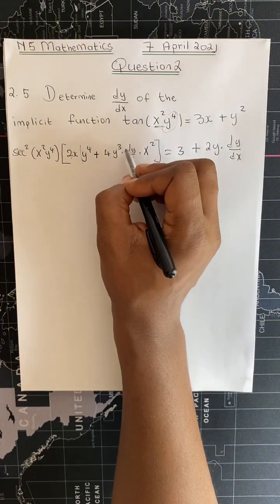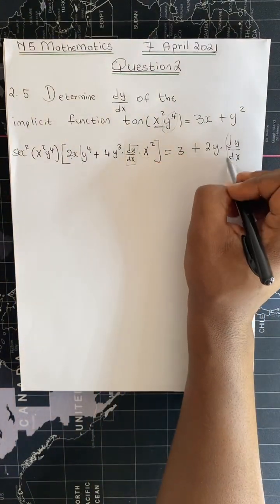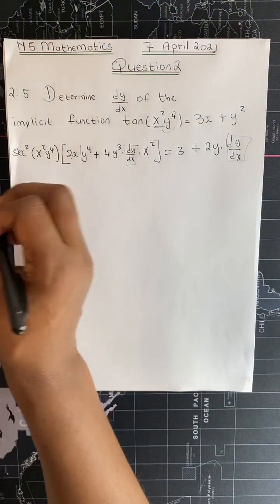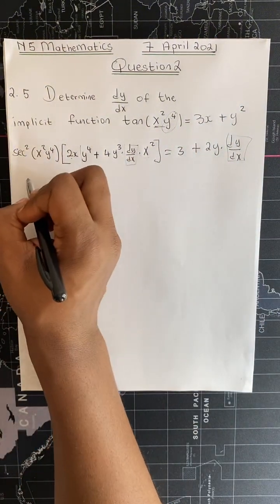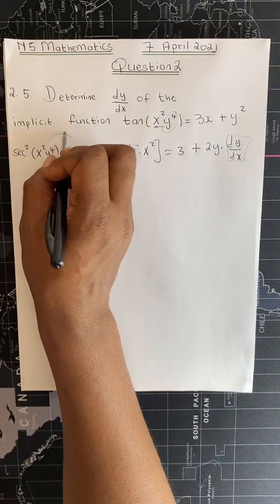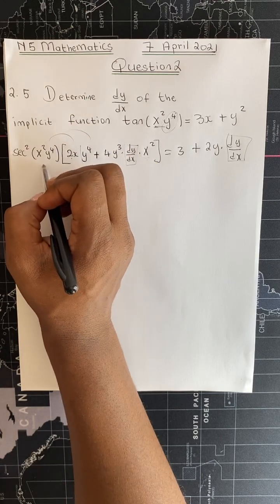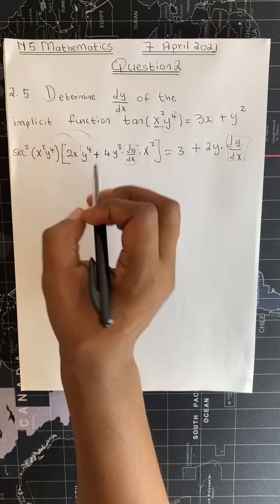So we have to make dy over dx the subject of the formula. Let's distribute the x squared y to the power 4 inside the parenthesis.